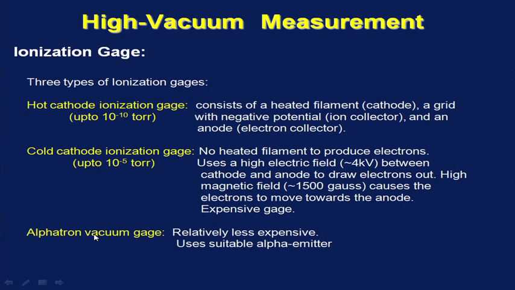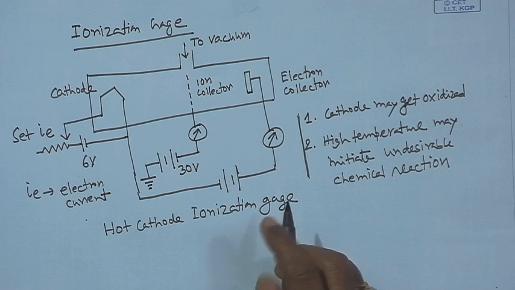A third variant, alphatron vacuum gauge, uses an alpha emitter, say a radium source, to ionize the gas molecules. Okay. Let us now look at the schematic of the cold cathode ionization gauge and alphatron vacuum gauge.